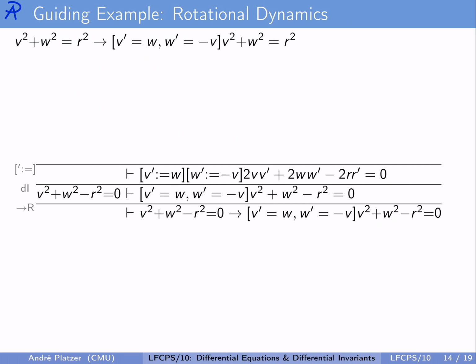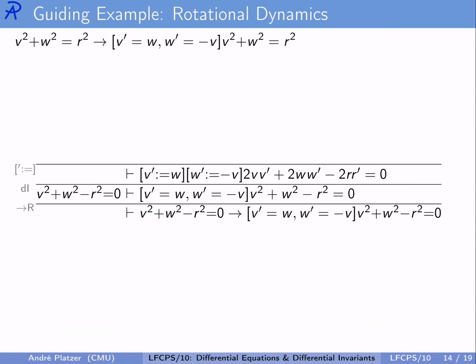So we assign the right-hand side of a differential equation to the left-hand side. So we assign w to the variable v prime, and we assign minus v to the variable w prime, and ask the derivative of the post condition. Wait, there wasn't a derivative really. It was a differential.